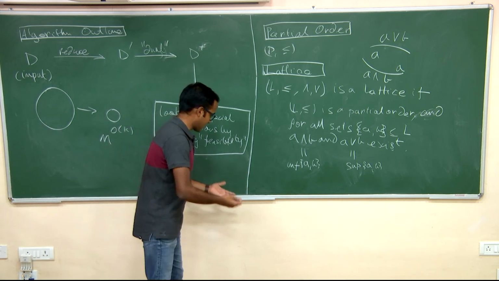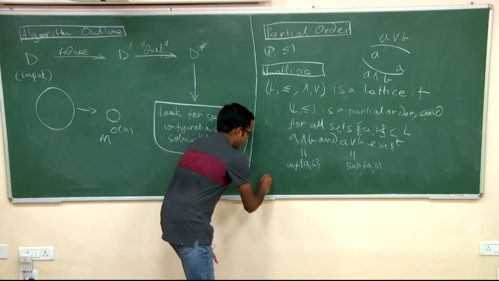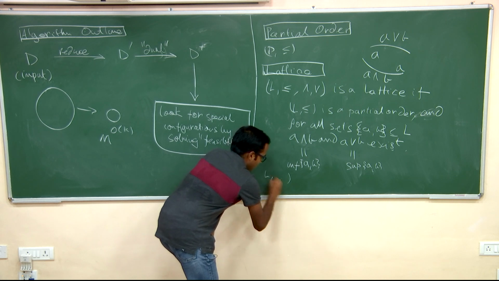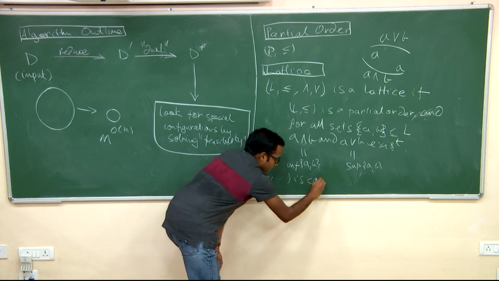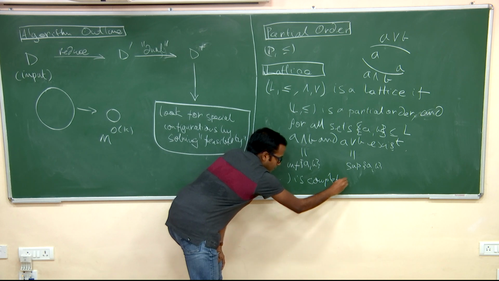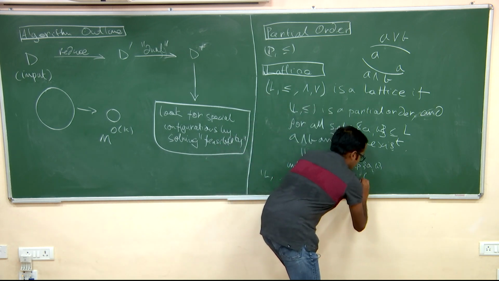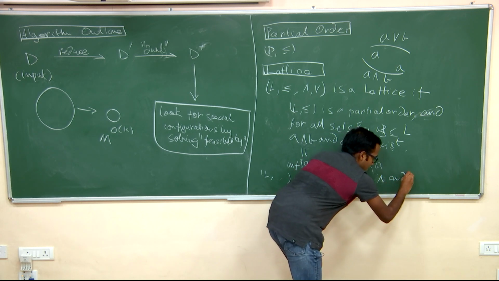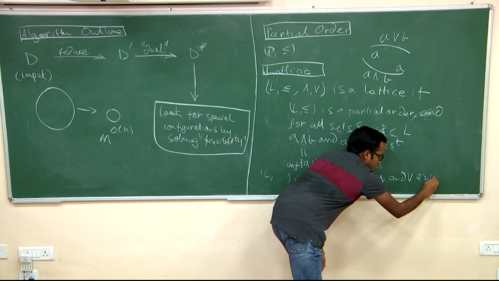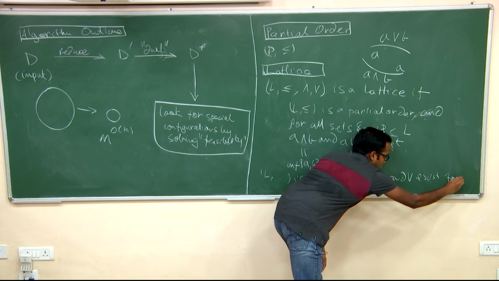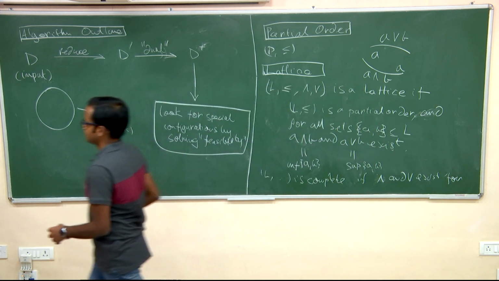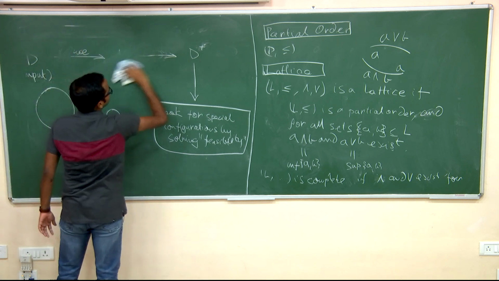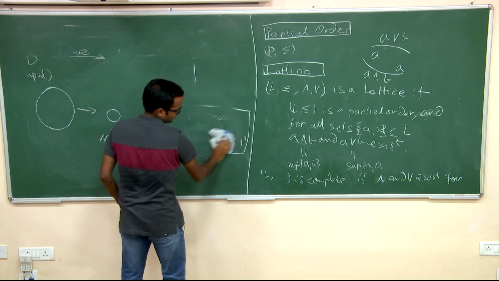There is something else called a complete lattice. It is complete if the meet and the join exist for arbitrary sets.